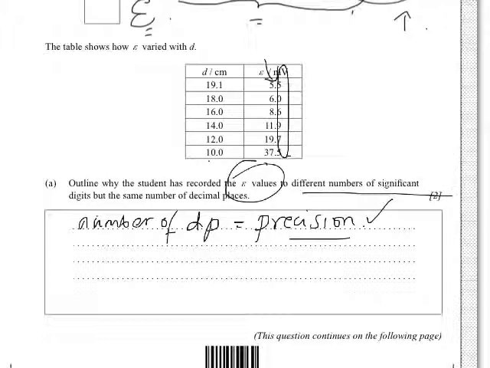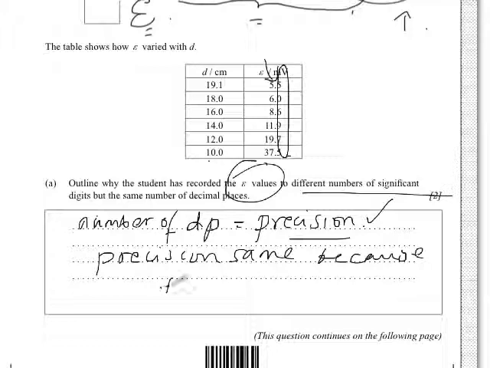Okay, so that's 1 mark. And your precision is the same because your instrument is the same. And that's your 2 marks.